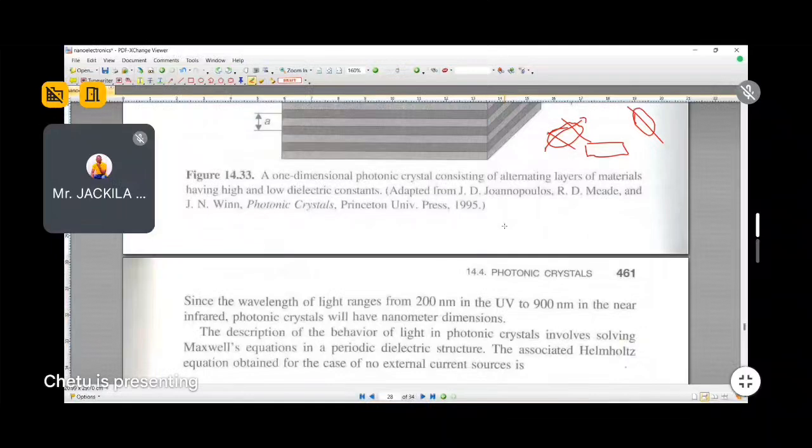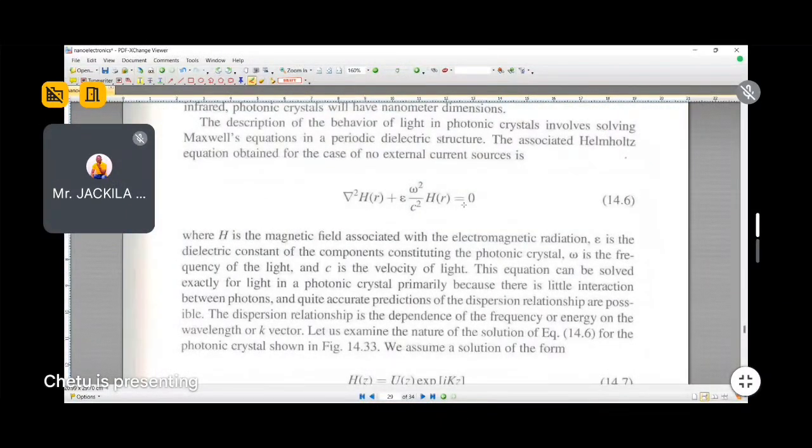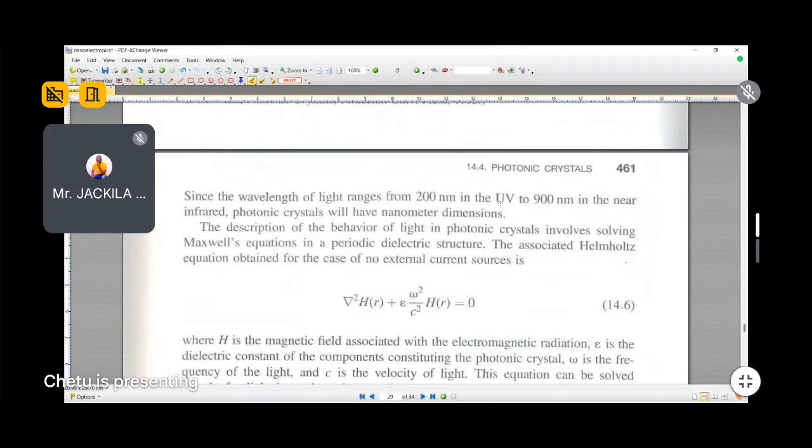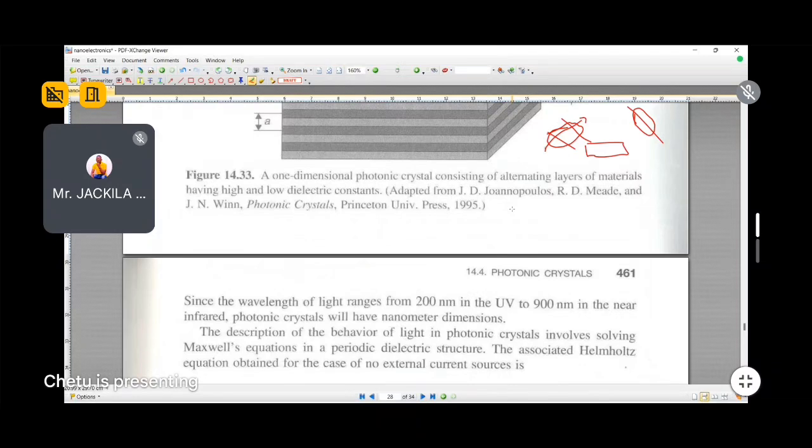But this is more interesting. What will happen when you have this multi-layer coating with different refractive indices is that these photonic crystals can behave like a crystal structure with a different diffraction property in the visible light domain.